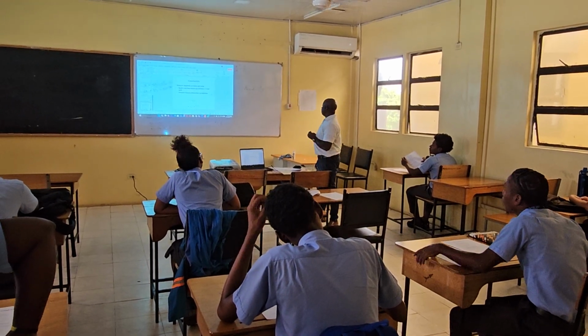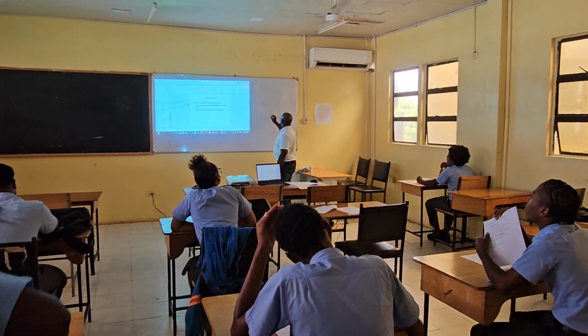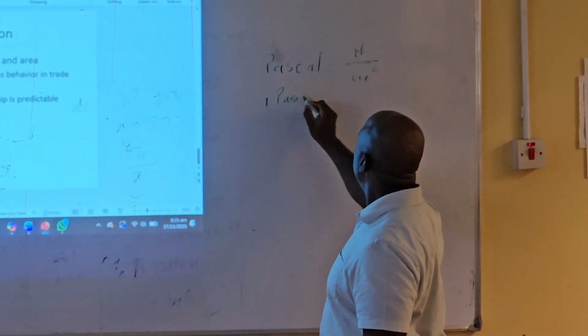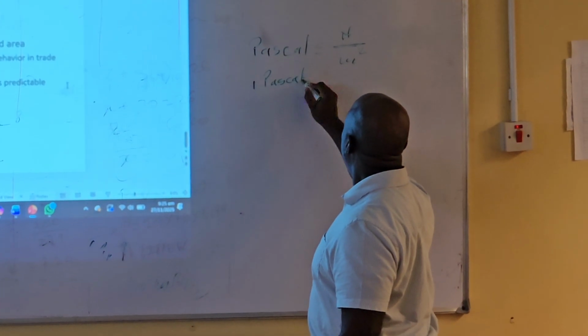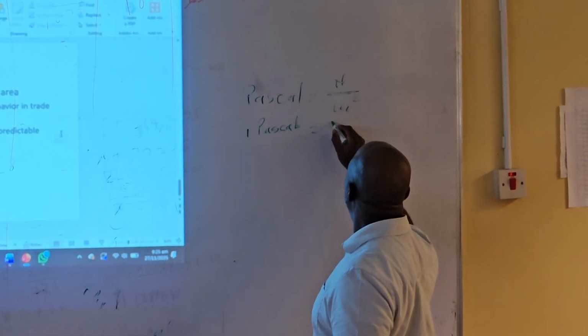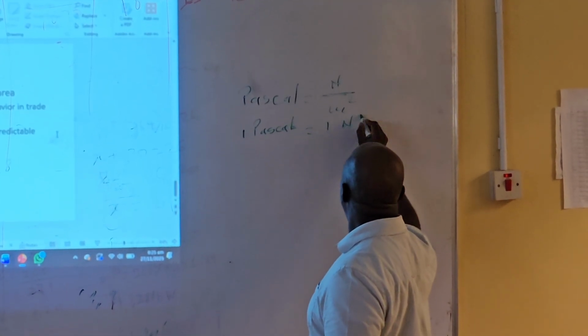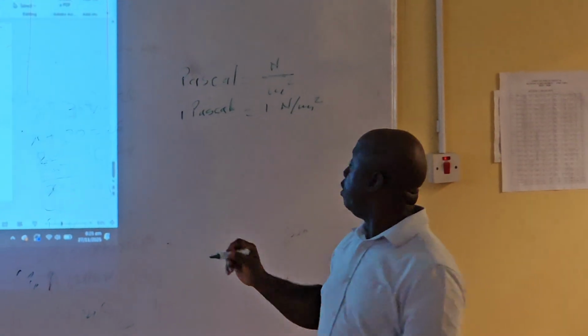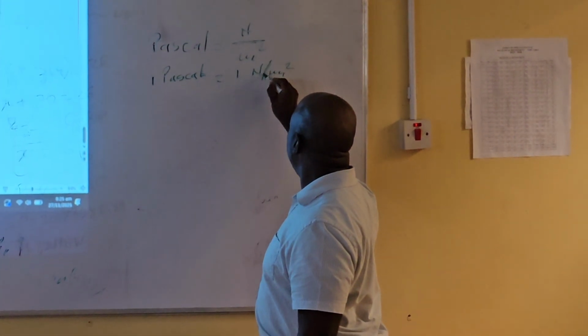I want you guys to think like this. 1 Pascal is equal to 1 Newton per meter square. Per means divide.